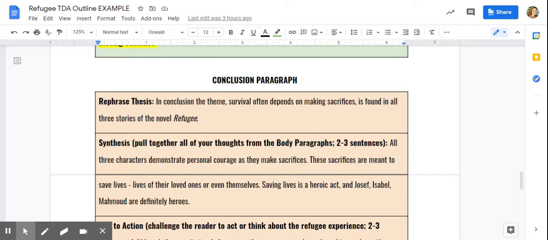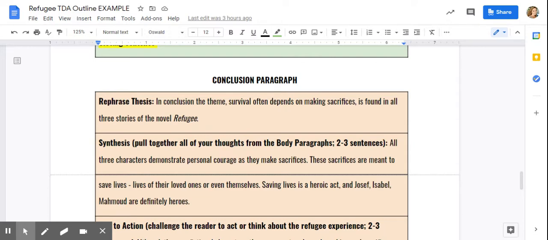Okay. Now, if you remember, my essay was about how, in order to survive, people often make sacrifices. So I'm just going to synthesize or pull all that information together in a couple of sentences. I wrote this. I said, all three characters demonstrate personal courage as they make sacrifices. These sacrifices are meant to save lives, lives of their loved ones, or even themselves.